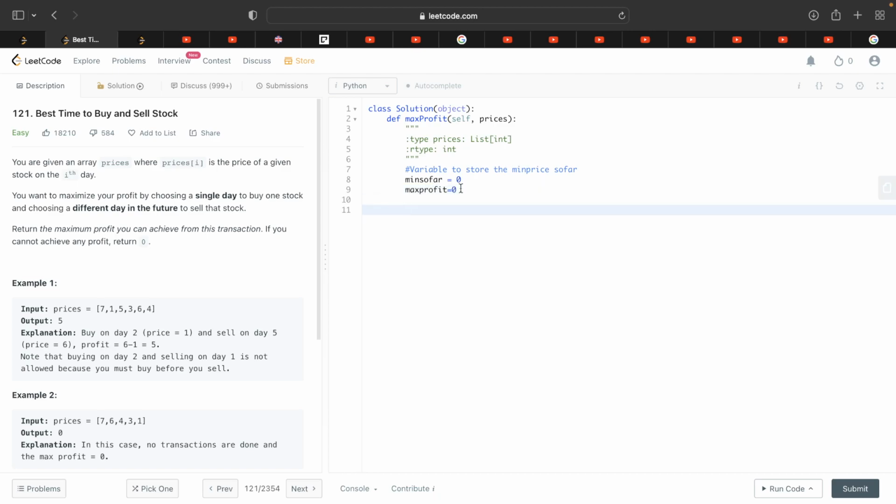So now it comes to the iteration. We'll iterate from the first: for i in range, length of our input array called prices. For each day, we first check to see if we have found a smaller price, i.e. a new min so far.